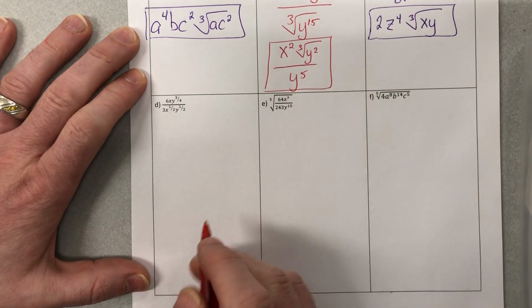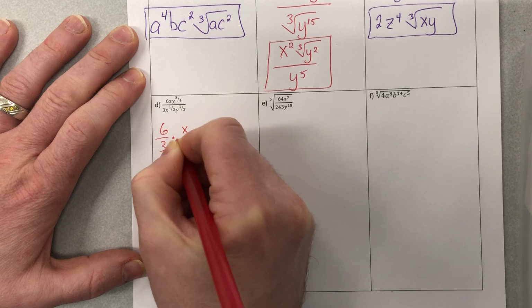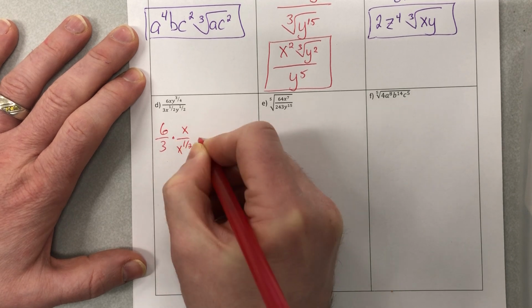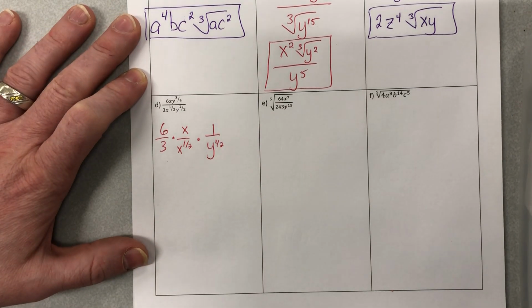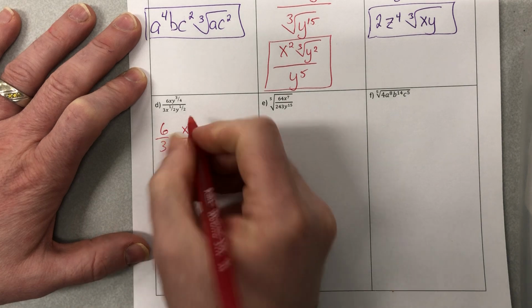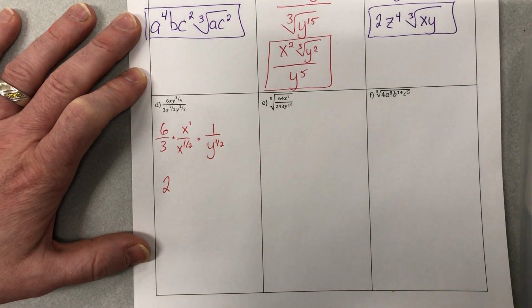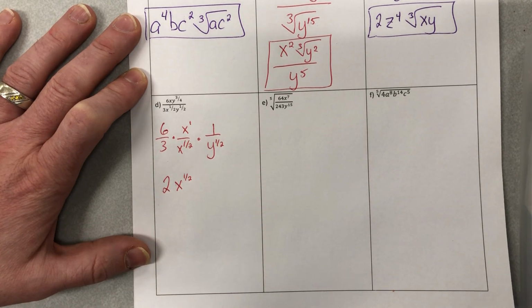Example D is very similar to C, so I'm going to separate each of them again. All right, 6 over 3, once again, is 2. We have x over x to the 1/2. So if we bring that up, that'd be x to the 1/2.